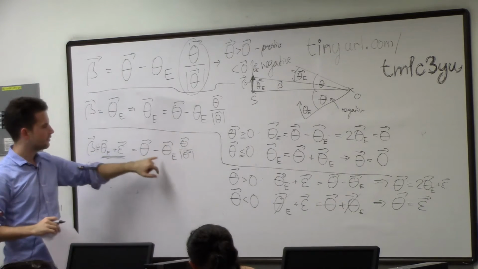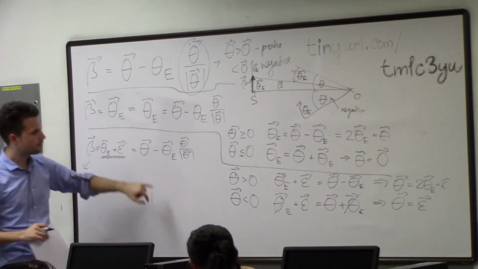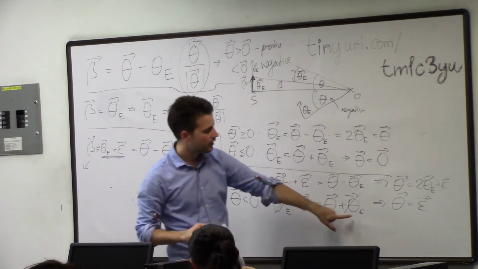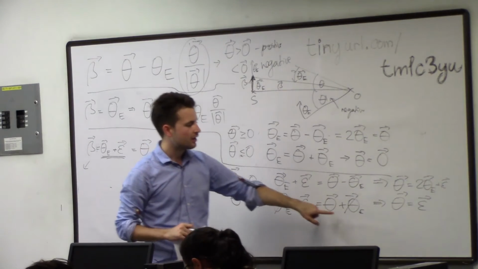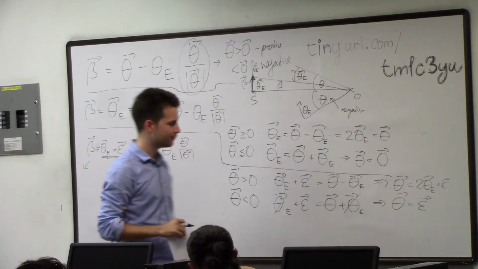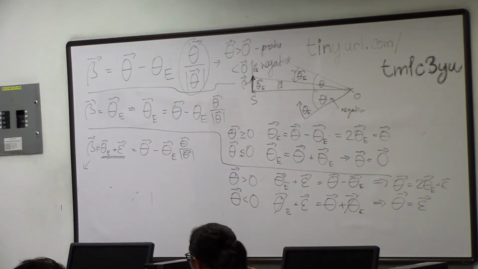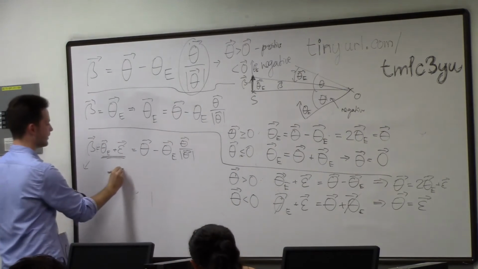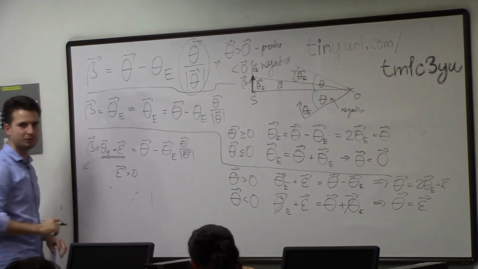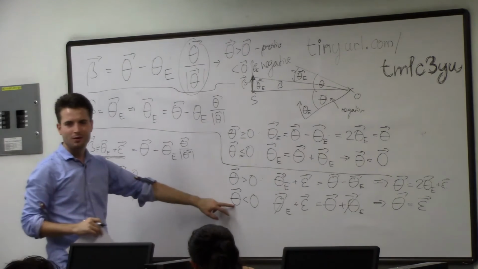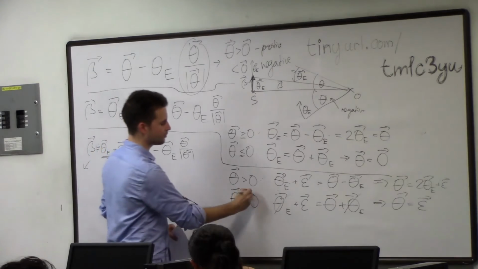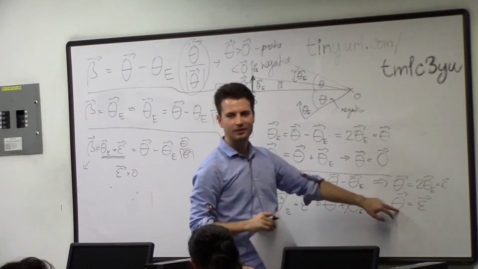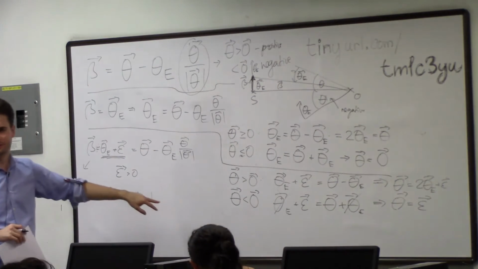Theta is negative, so the sign here gets reversed to plus. So this is what, by definition, our left-hand side is. This is our right-hand side with the sign flipped, theta equals epsilon, and we go ooh, because by definition here, epsilon was greater than 0, but we said theta is going to be smaller than 0. I should make it a vector. There is no solution here that is consistent.